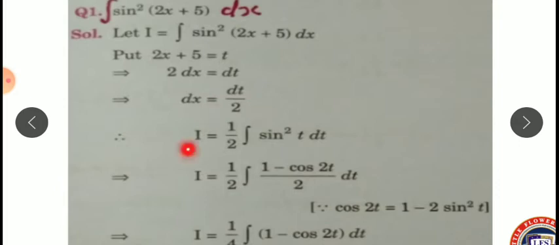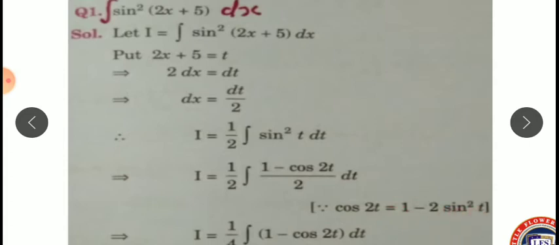Now our question becomes I is equal to half integration sin square t dt, which is 1 upon 2 integration sin square t. It can be written as (1 minus cos 2t) whole upon 2, using the formula cos 2t is equal to 1 minus 2 sin square t.